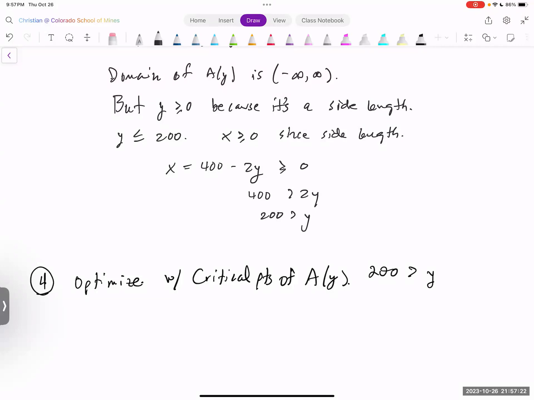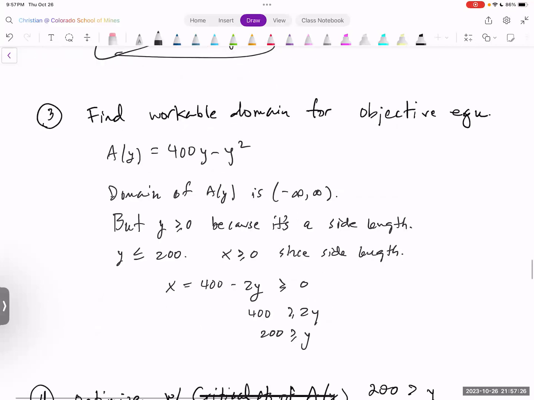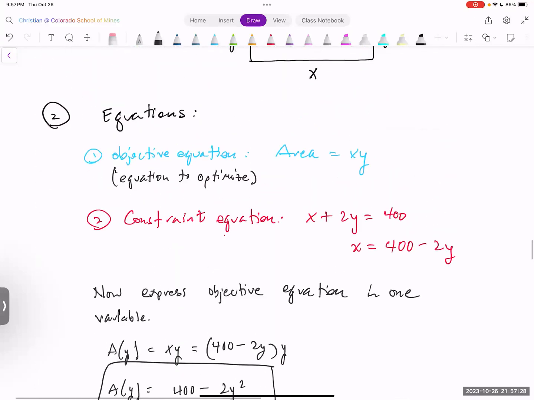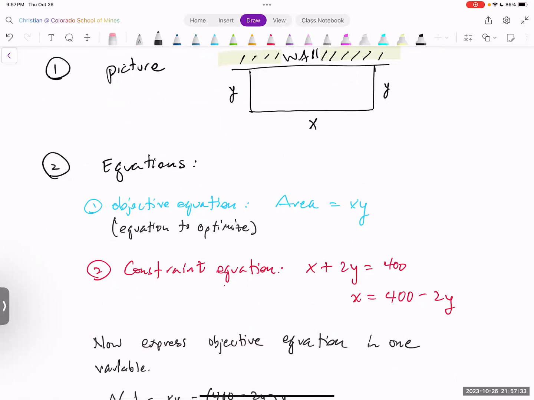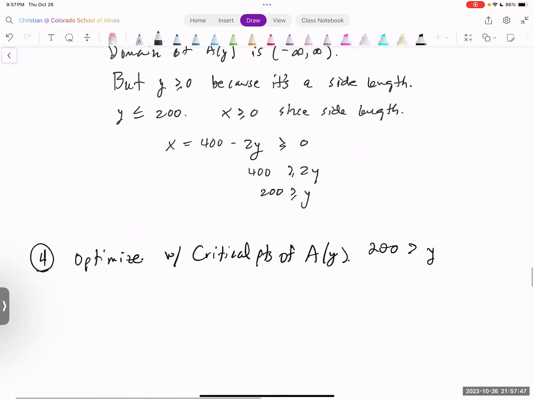It doesn't make sense, realistically, in our picture, for Y to be 0. If Y is 0, then X gets all 400 feet. If X is 0, then Y gets all 400, which means each side would be 200. Either way, you don't get a rectangle in that case.